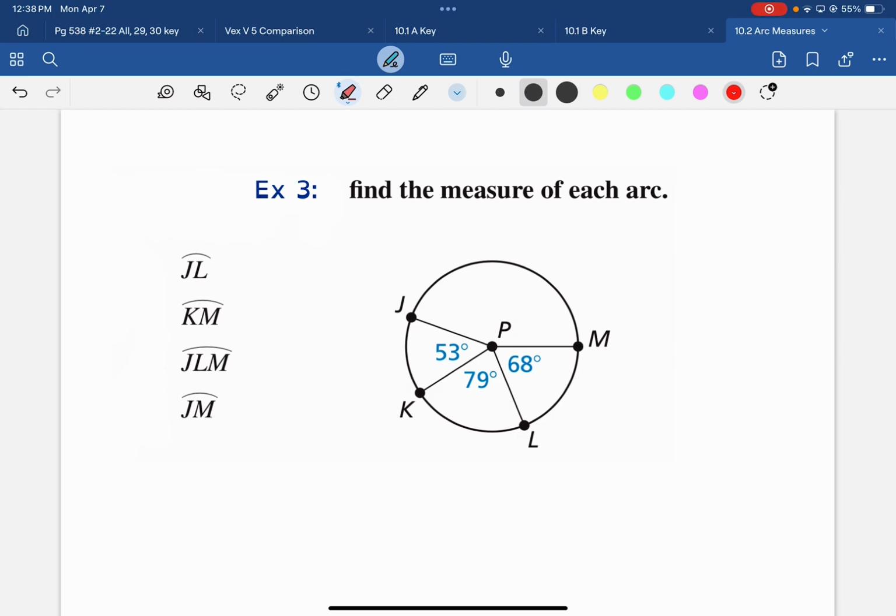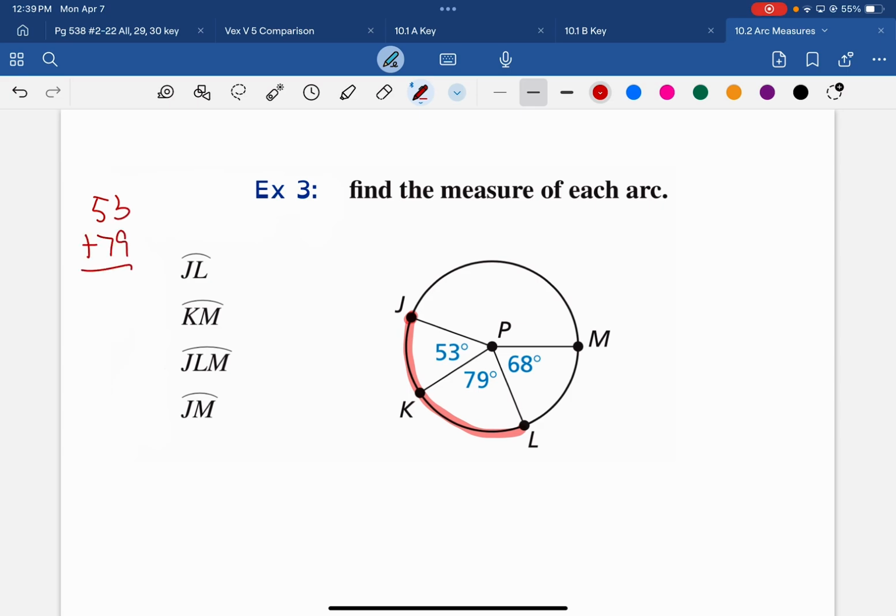Remember, clockwise spins to the right, counterclockwise spins to the left. Like when I'm starting at J. Counterclockwise. Yep. Then I'm just going to add those two up, right? 53 plus 79.